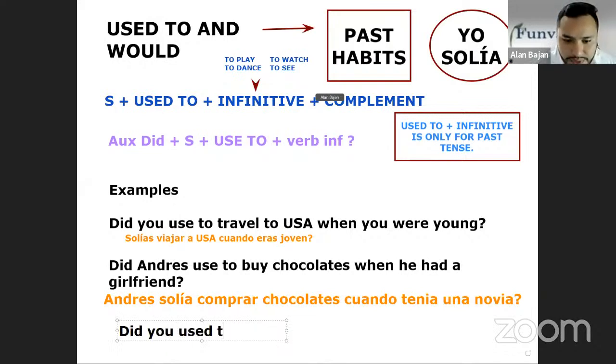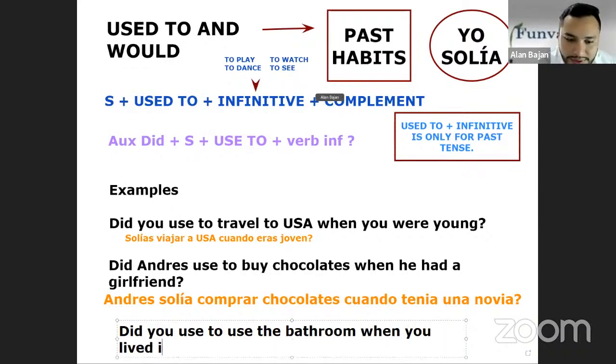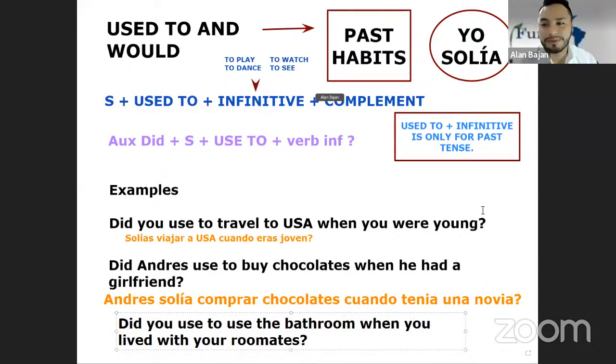Did you use the bathroom when you lived with your roommates? ¿Solías usar el baño cuando vivías con tus roommates, compañeros de cuarto?